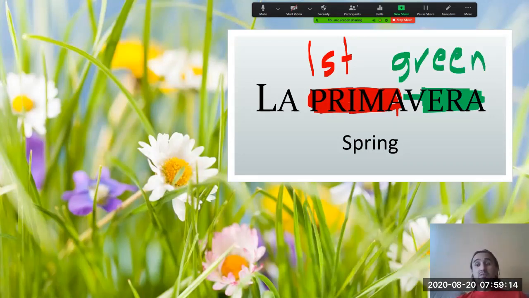So when the greens start coming out, the spring, when the plants start getting green, so just after winter, la primavera, spring. And notice that I don't say the spring in English, but in Spanish I'm actually saying the spring, la primavera.